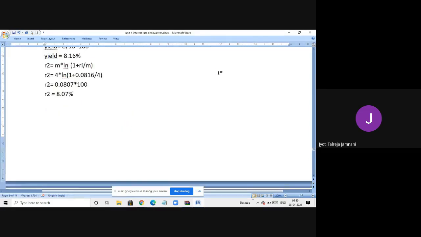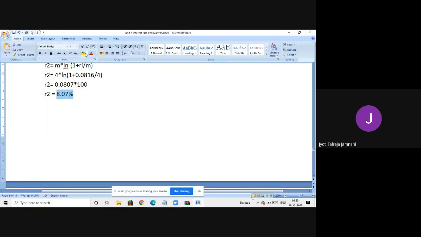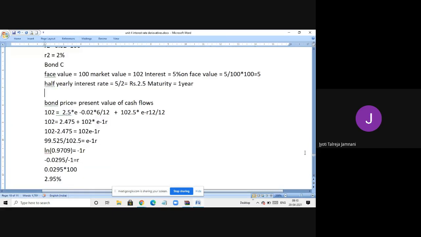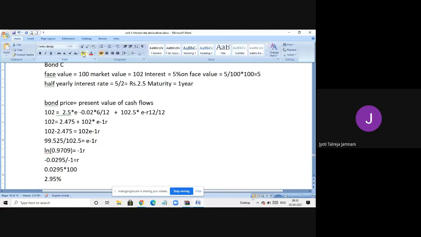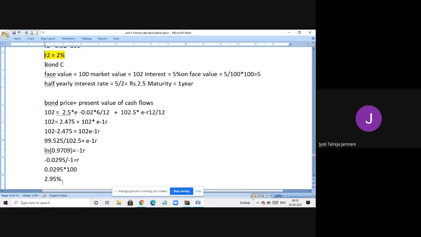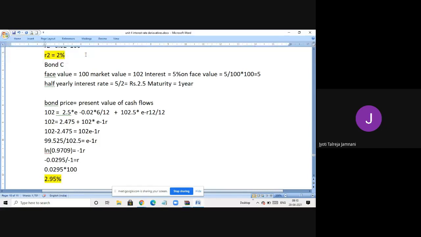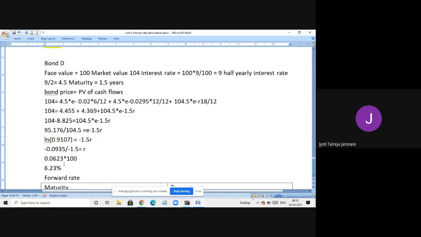So just see here, bond A, the rate is 8.07%. We'll take that for bond A. Bond B, the rate is 2%. All these are our zero rates which we have found out. Bond C is 2.95%, which we have found, so take that in the table, and bond D is 6.23%.